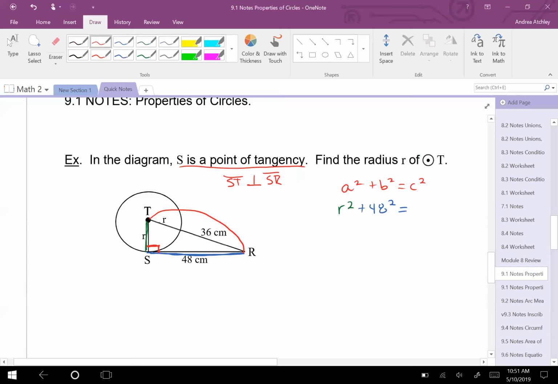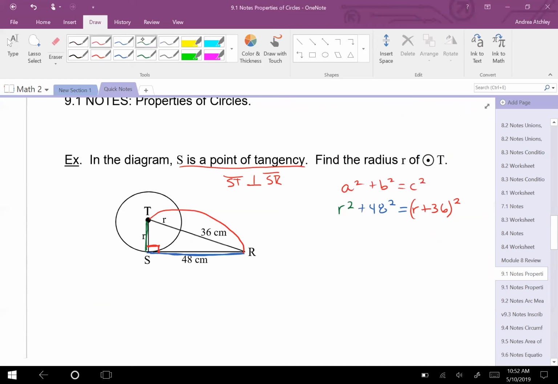It's the r plus 36 squared. Okay, don't just do 36. Because it doesn't make sense that 36 would be the hypotenuse, because that's not bigger than 48, right? So that wouldn't work out. It has to be the r plus the 36 here.